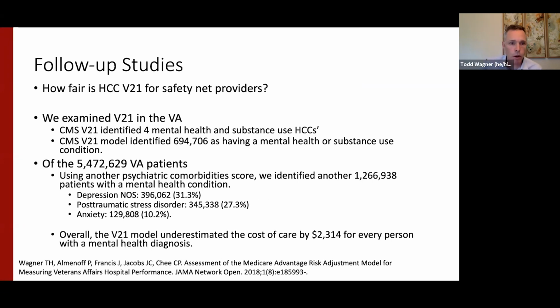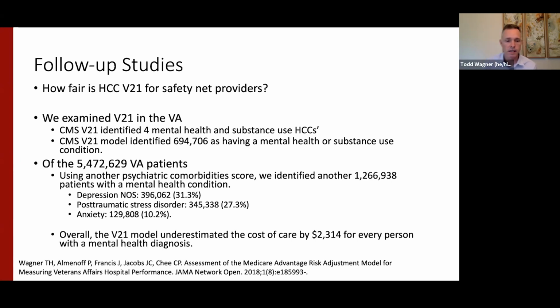Another follow-up study that we worked on is how fair is this risk score for safety net providers? We took the VA as a safety net, and we examined version 21 of the HCC model. Keep in mind, this was back when version 21 only had 4 mental health and substance use HCCs. We examined this across a large number of patients, and our estimate was that it way underestimated the mental health burden in VA. Version 21 identified 690,000 patients who had a mental health substance use problem.